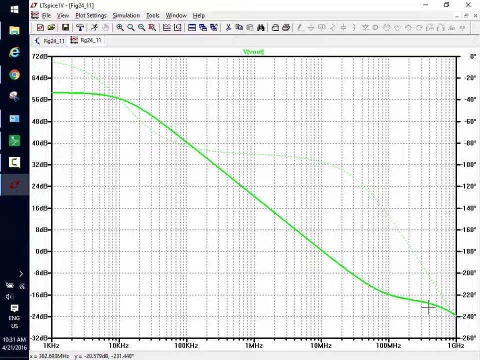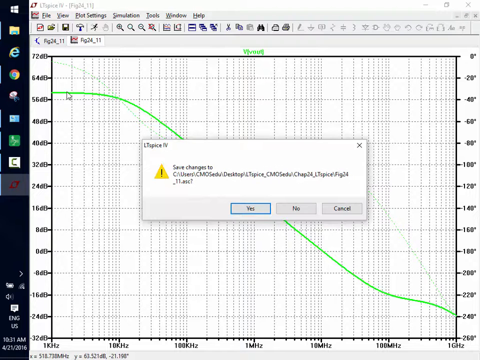But of course, what am I giving up? No, the gain stays the same. My battery's going to drain faster. My unity gain frequency is not changing. If I go back, here it's 10 megahertz. Gain is whatever, 60.